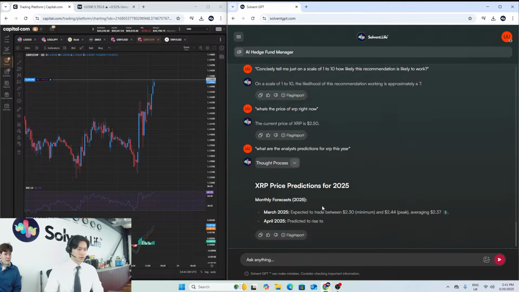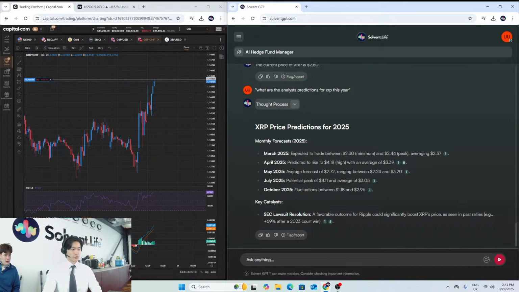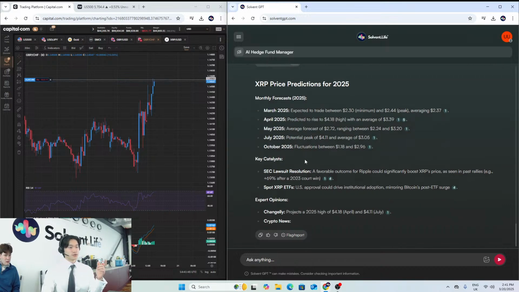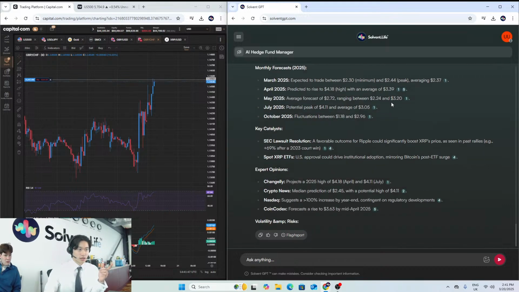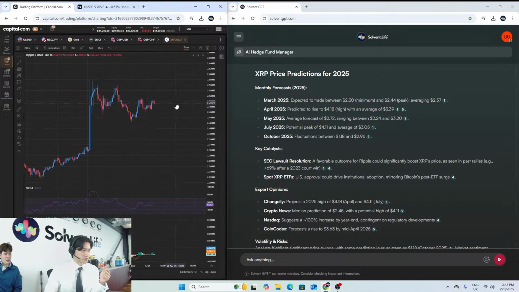Let's see, for March expected $2.30 and a peak of $2.44. But 4-5 months down the line, we've got $4.11. Peak of $2.44. What is it now?